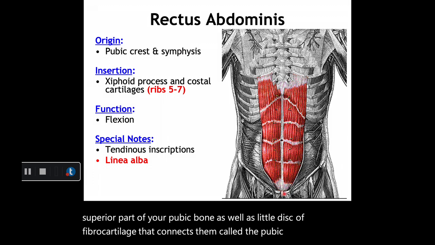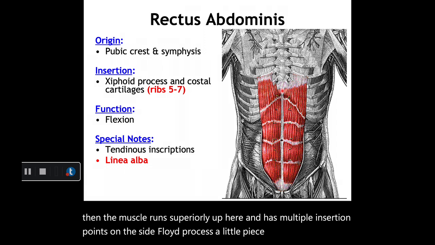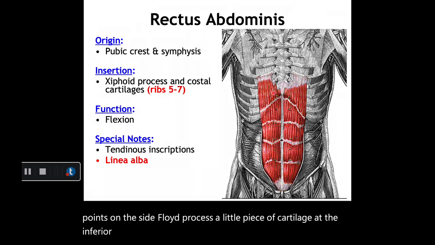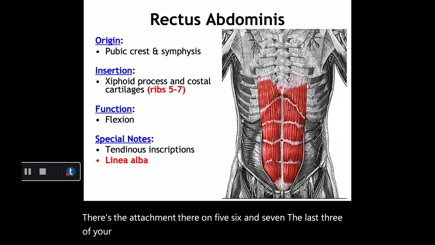And then the muscle runs superiorly up here and has multiple insertion points on the xiphoid process, that little piece of cartilage at the inferior end of your sternum, as well as the anterior surface of ribs number 5, 6, and 7. There's the attachment there on 5, 6, and 7, the last 3 of your true ribs.